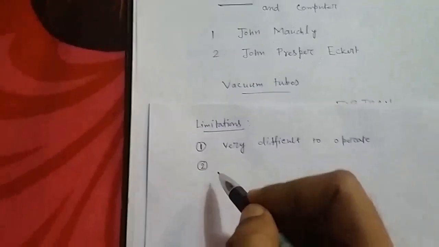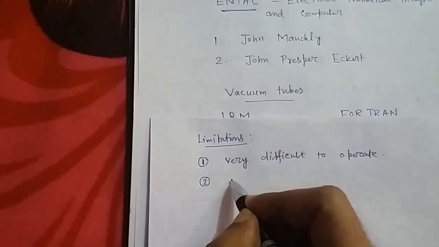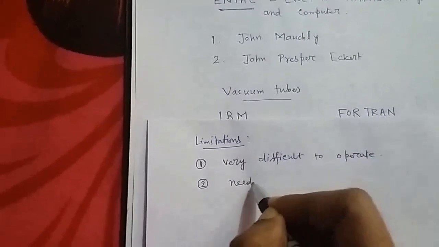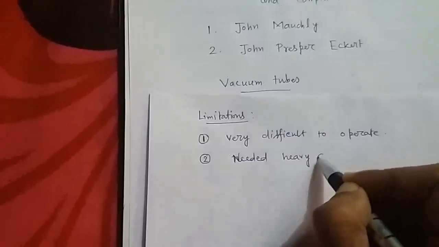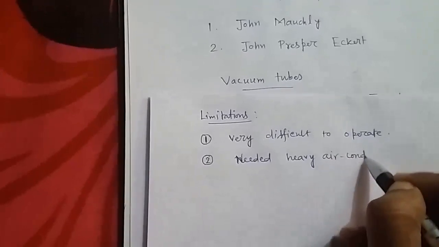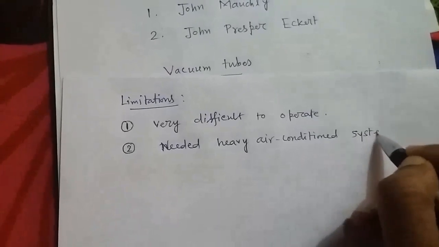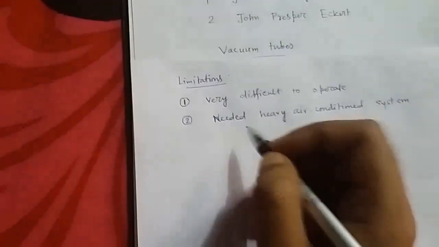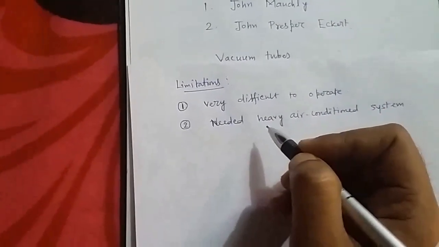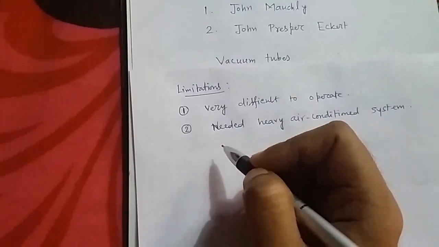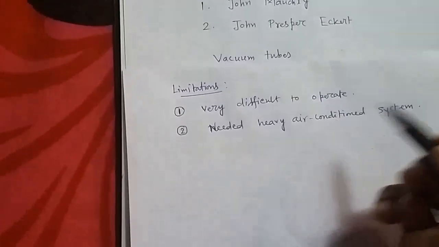Number 2, these computers needed a heavy air conditioned system, to reduce the temperature caused by the heat generated by the vacuum tubes.